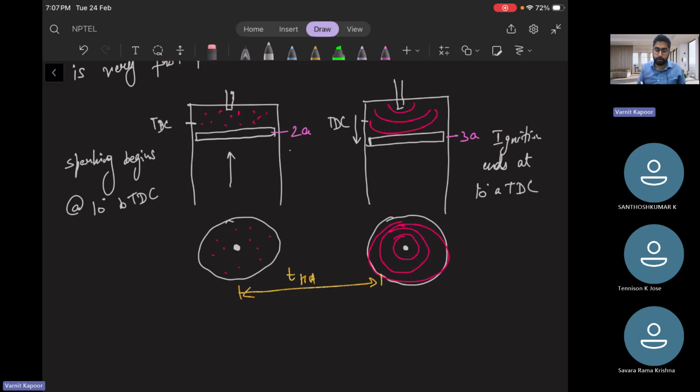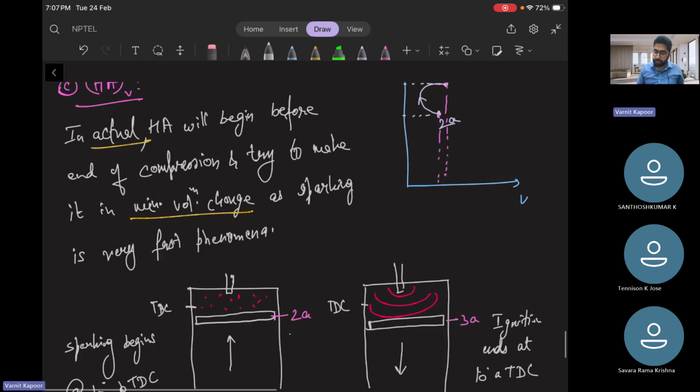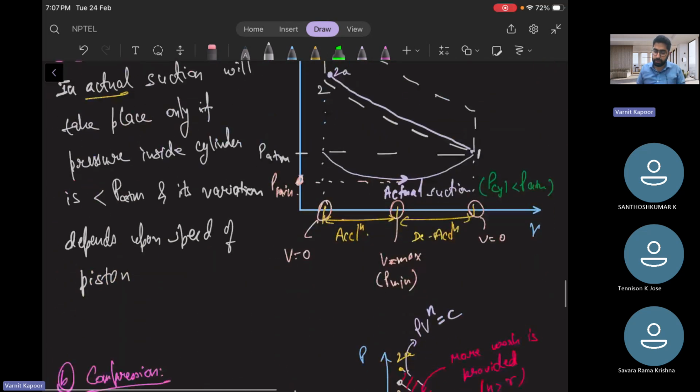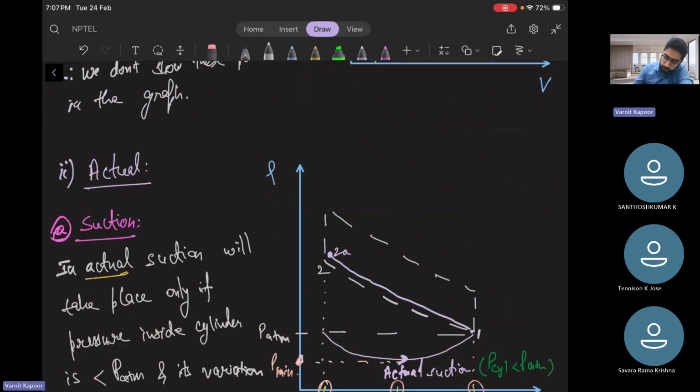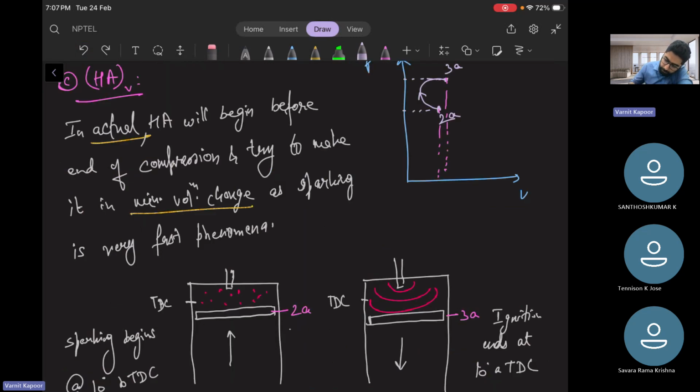So when it is coming back, 10 degrees after TDC. First it was going above and then it's coming back. So let me make this in the main graph, from here to this position.